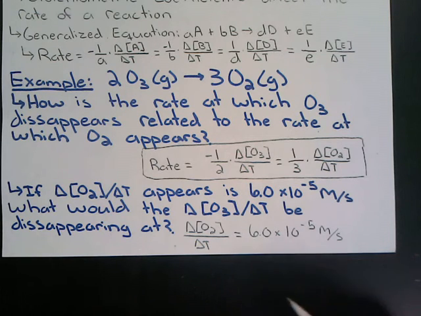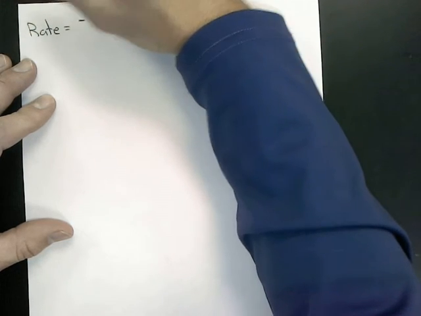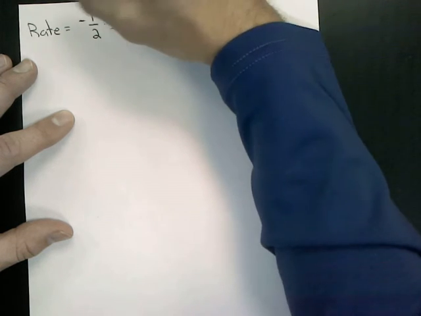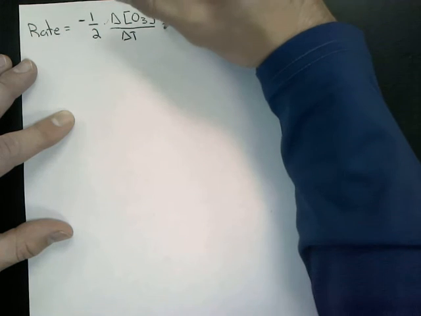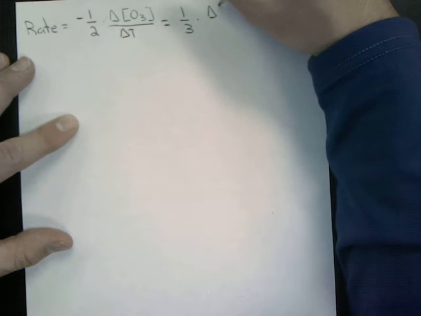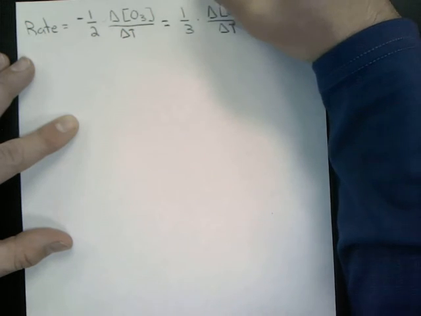Now, keep this in mind. We're going to shift gears to another piece of paper here, and we're going to solve this particular problem. Just as a reminder, the rate from that first part of the problem was negative 1 over 2 times the change in O3's concentration divided by the change in time equals 1 over 3 times the change in O2 concentration divided by the change in time.